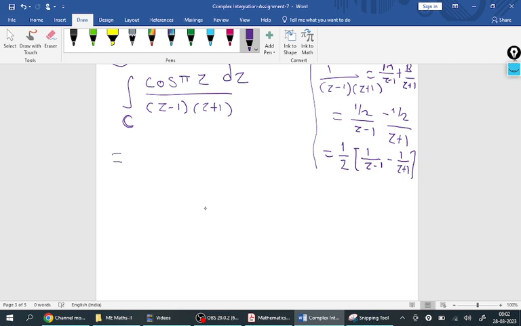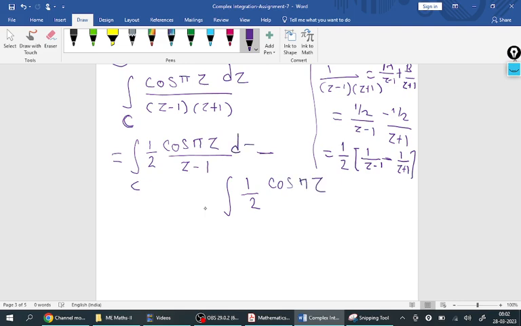So this integral can be converted as integral 1 by 2 cos of pi z upon z minus 1 over the C, minus, this middle sign is a minus, integral 1 by 2 cos of pi z upon z plus 1 dz over the curve C. So same curve.